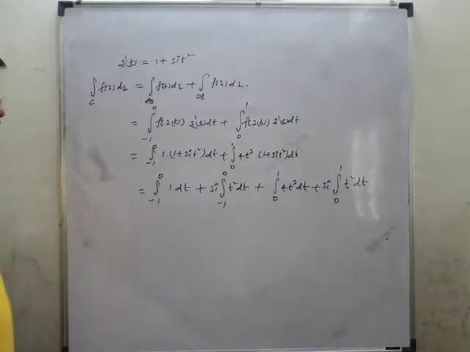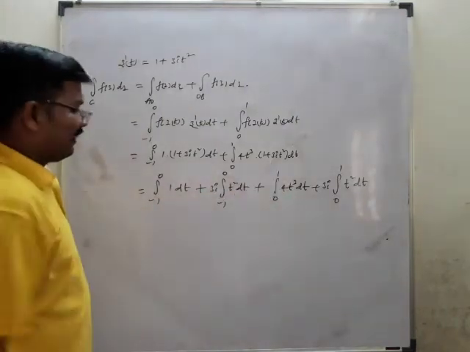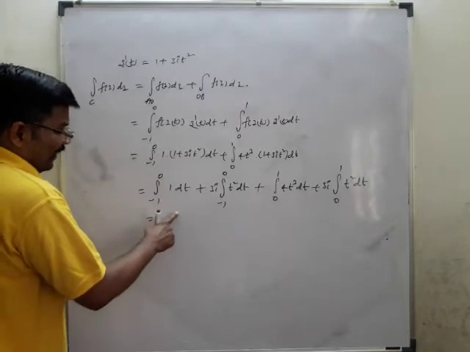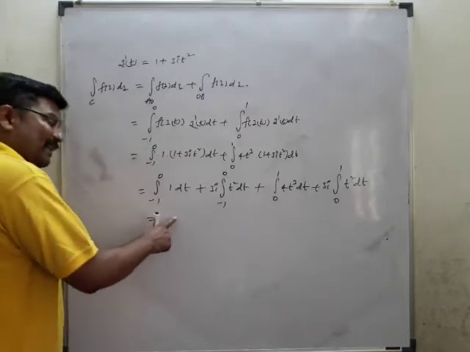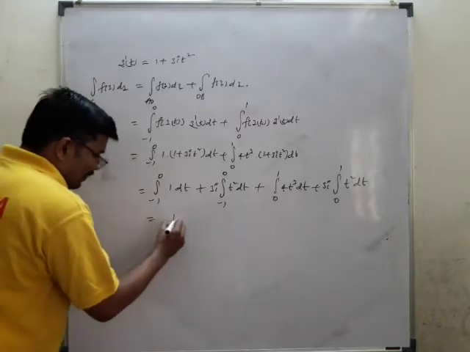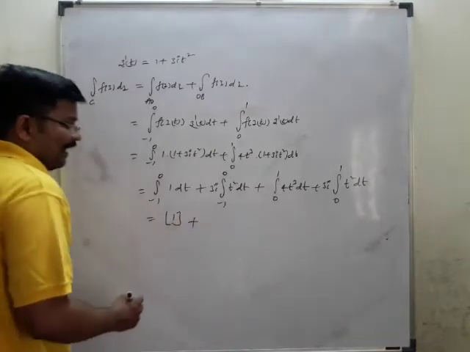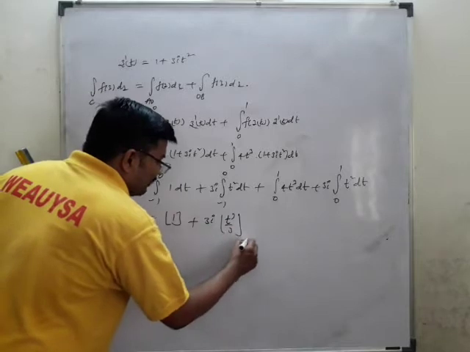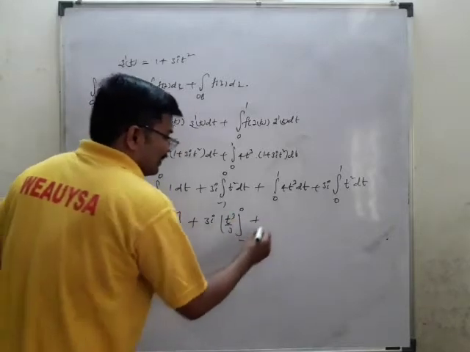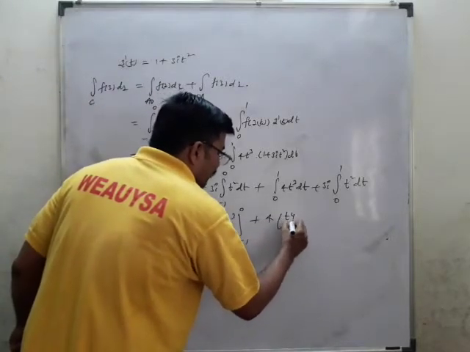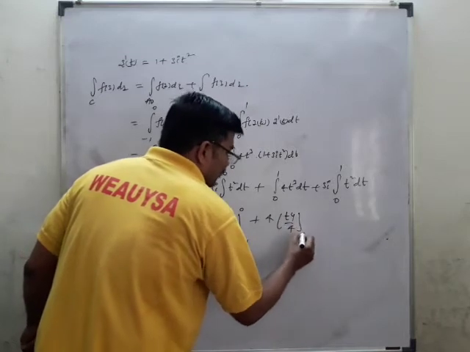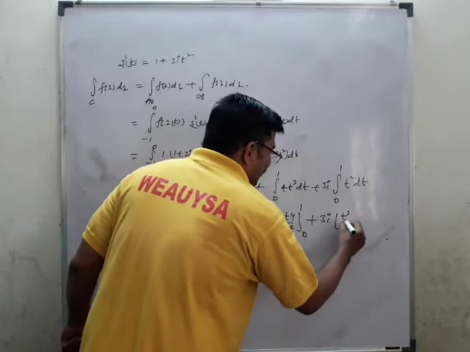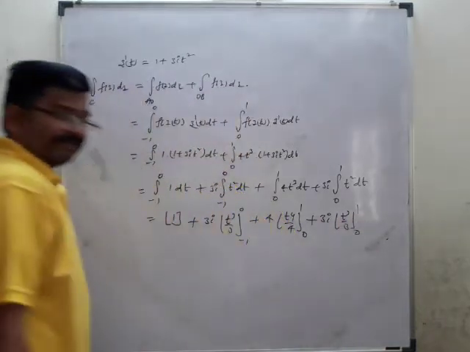Just reshuffling the things now. The first gives t, so 0 minus minus 1, you will get plus 1. Plus 3i times t cubed by 3 from minus 1 to 0, plus 4 times t to the power 4 by 4 from 0 to 1, plus 3i t cubed by 3 from 0 to 1.